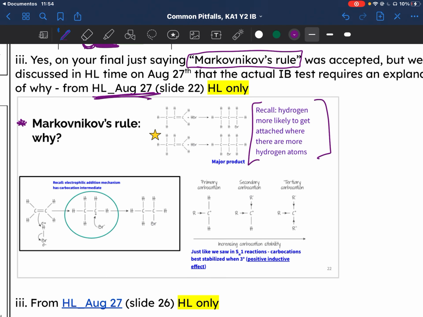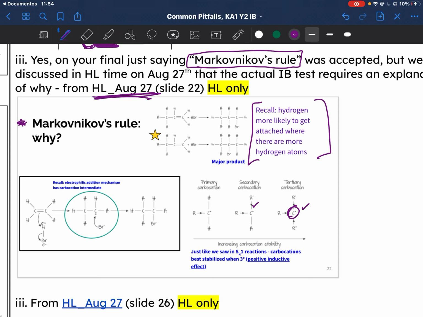So we struggled a little bit with this question. The reason that Markovnikov's rule works is because of the stability of the carbocation. So I know that a secondary or tertiary carbocation is more stable.